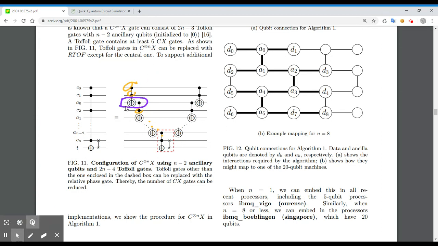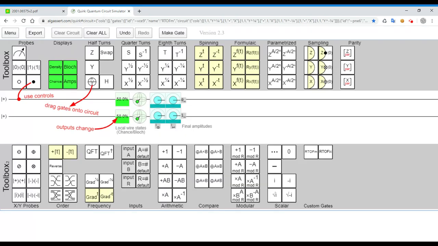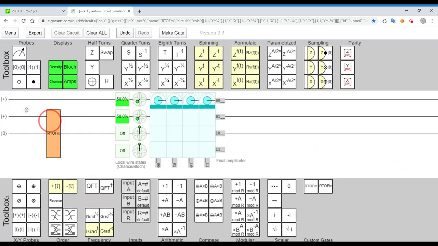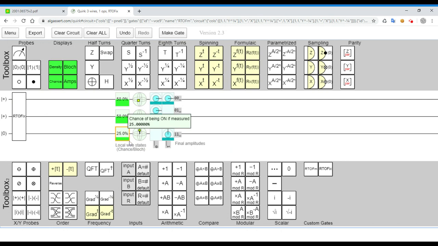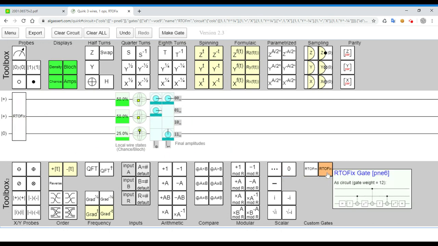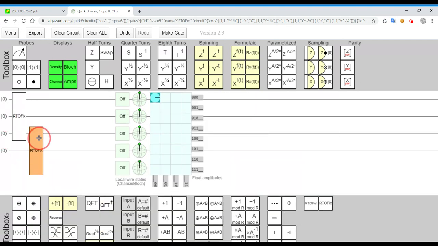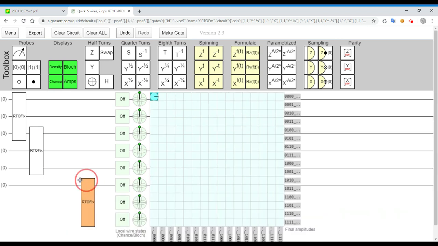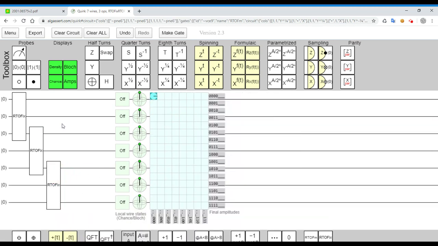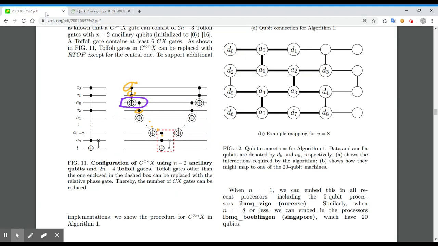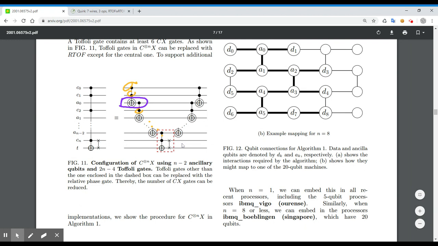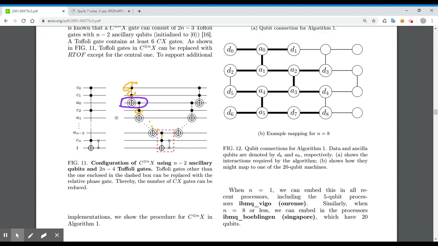Okay, so let's do it with the RTOF X, and let's see. You would chain them this way, right? And now you would basically do, why do you need to uncompute though?